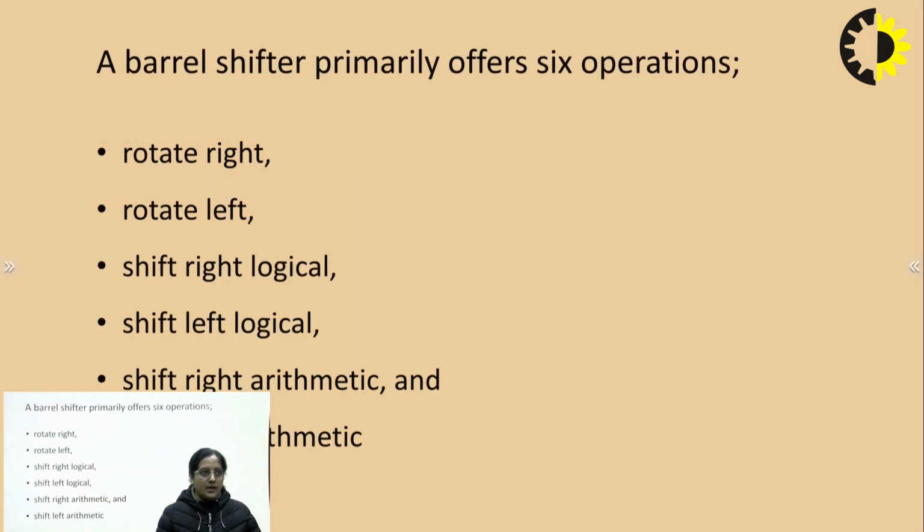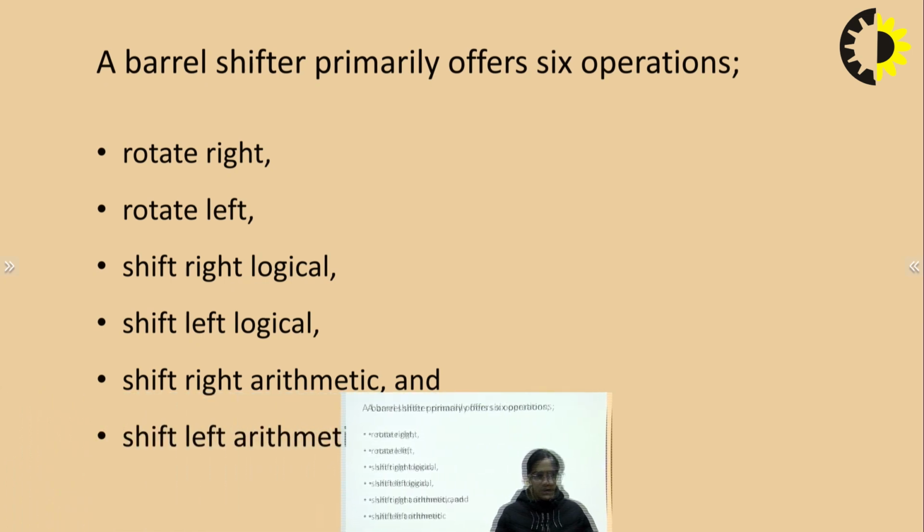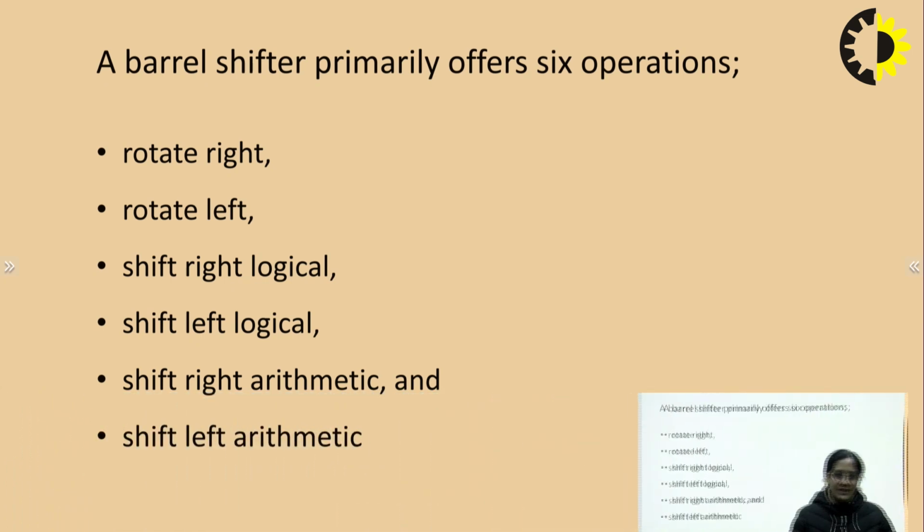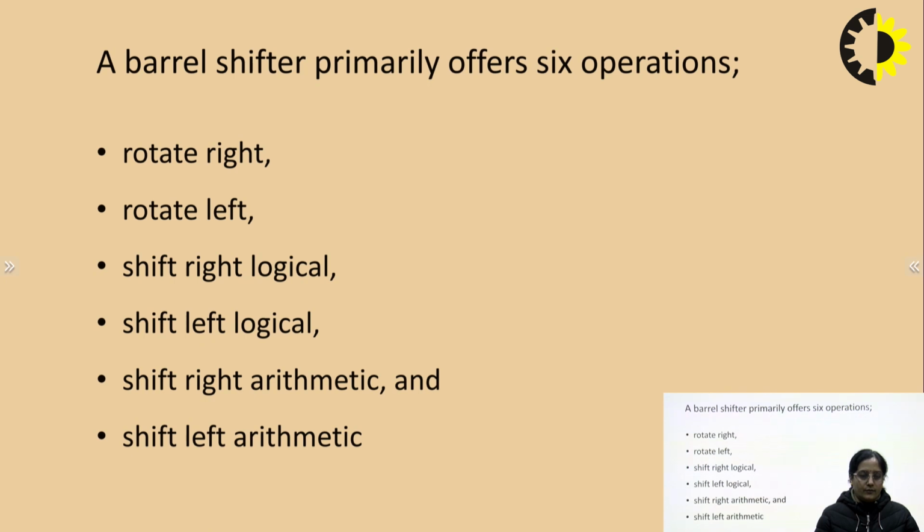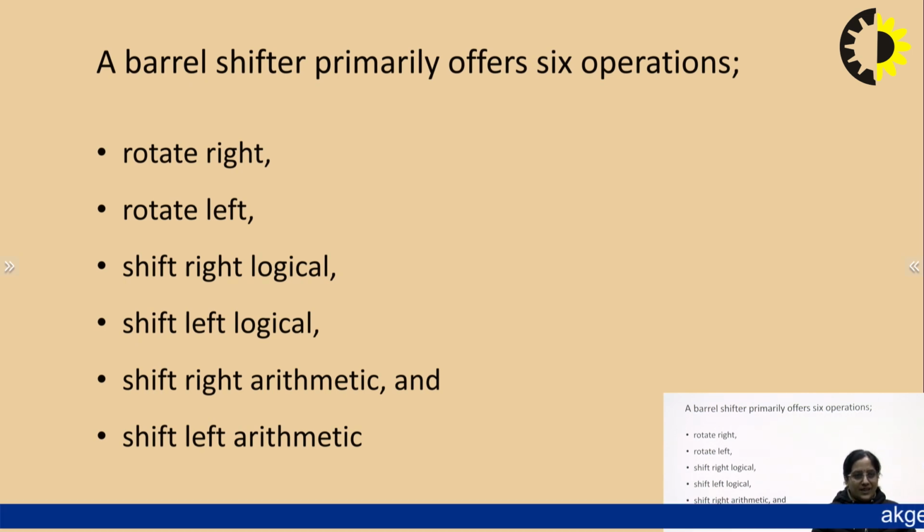The primary operation which a barrel shifter performs is rotate right, for whatever number of bits, for example 4-bit data. Shifting left and shifting right is similar to multiplication by 2 or division by 2, so we do the operation in powers of 2.